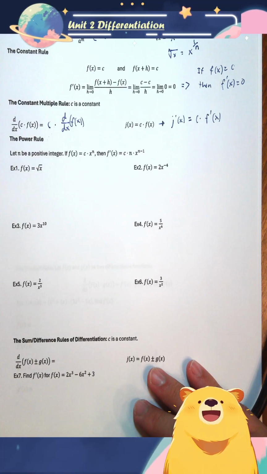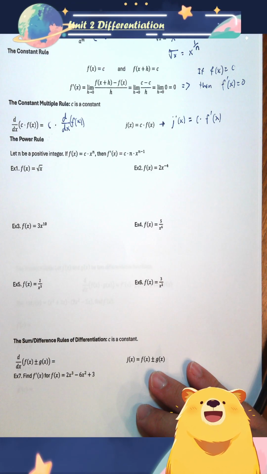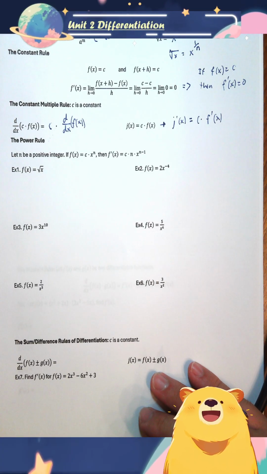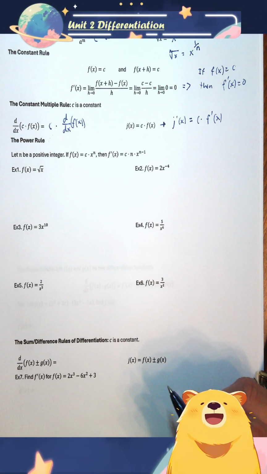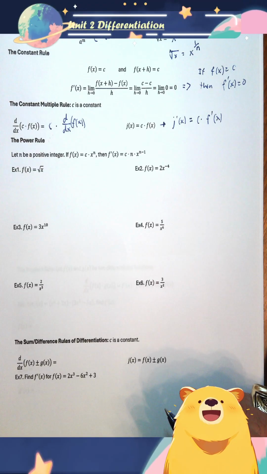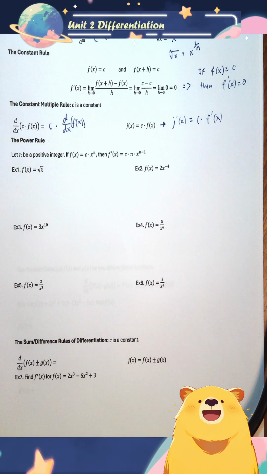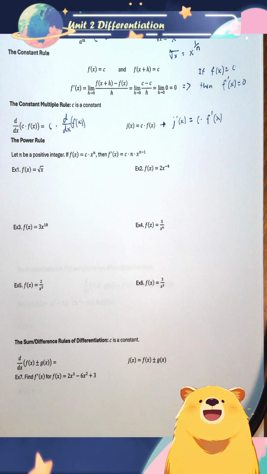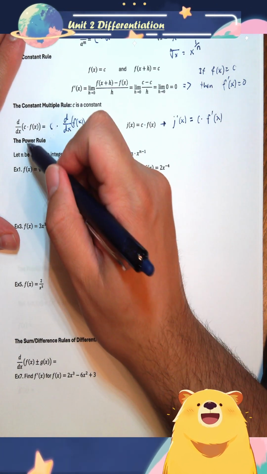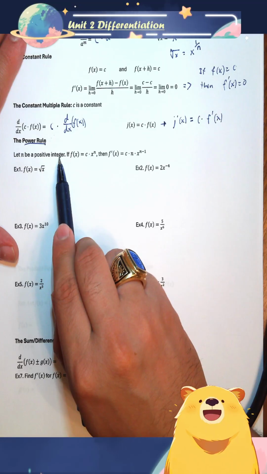Now we have the power rule. This is going to be our first set of rules where we're going to learn easy tricks of differentiation. We're not done with limits necessarily, but we are moving from expressing limits as slopes of a tangent line into just a differentiation technique. So we have one differentiation technique that is the power rule. Let n be a positive integer.